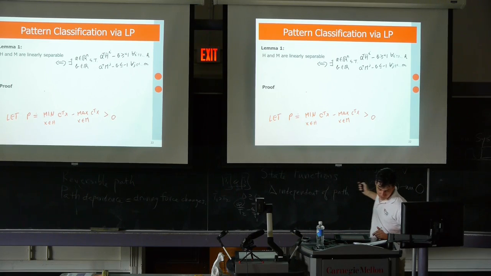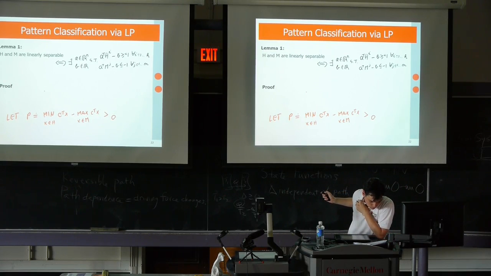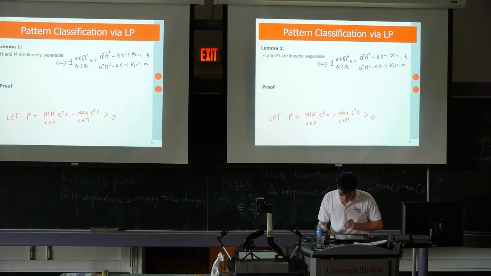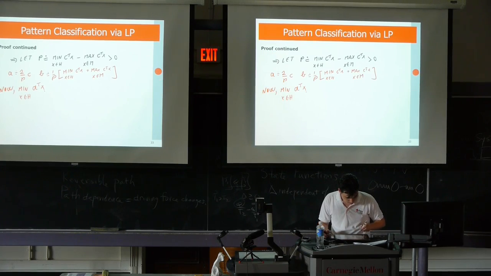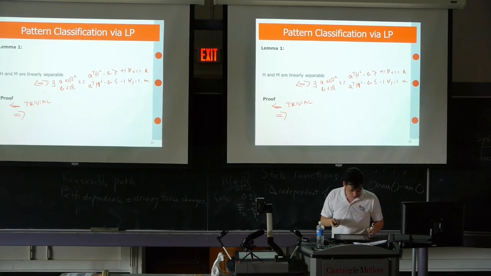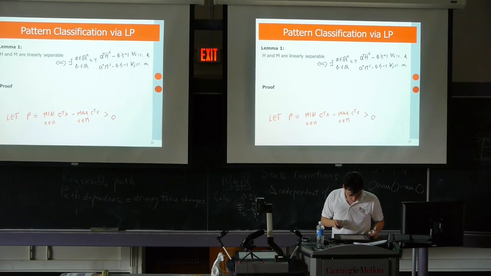We want to prove that this minimum of A transpose X, okay, I was wrong, I missed H and M. So I need to prove that the minimum of A transpose X over H is at least 1 plus B, right? So let's go there.